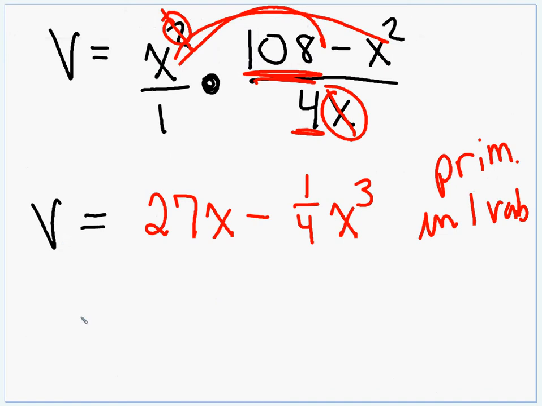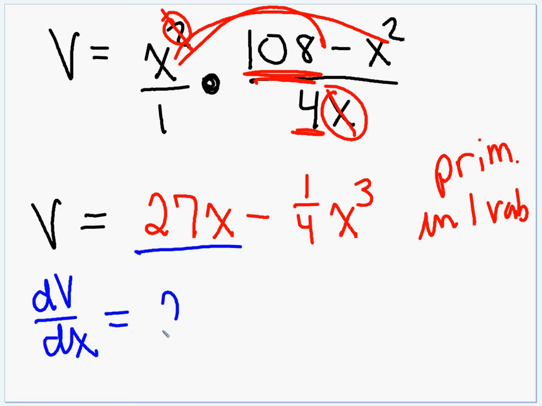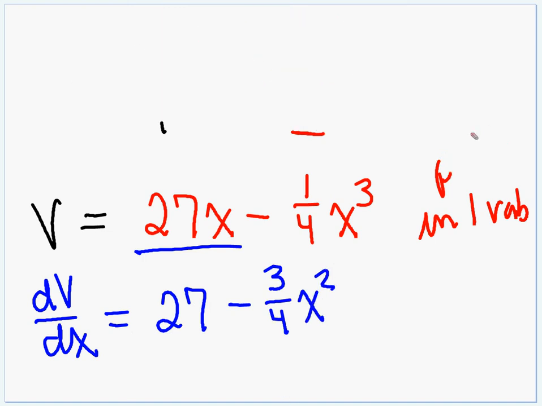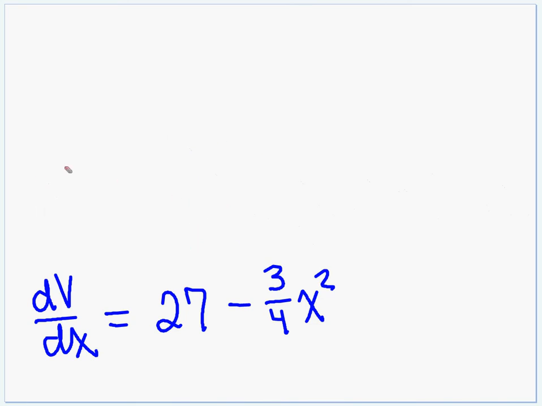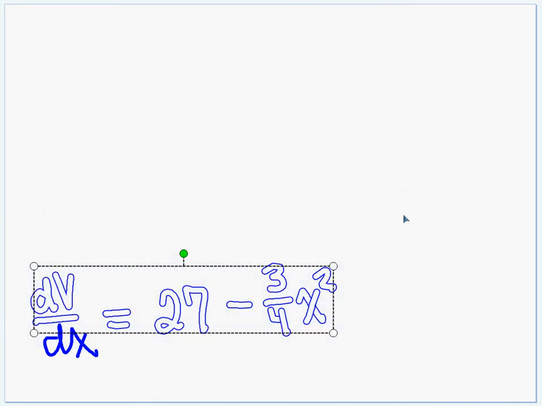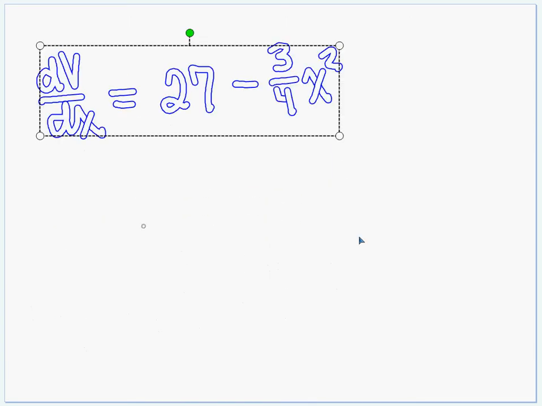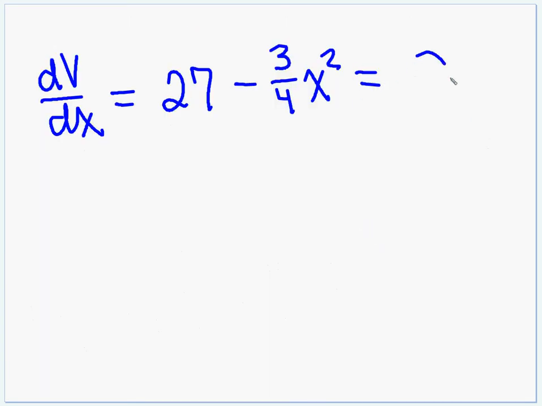Okay, here we are. Let's derive with respect to x. dV/dx equals derivative of 27x is 27. Derivative of 1/4 x cubed is 3/4 x squared. So we've got our derivative. And how do we find mins and maxes? Well, we set that derivative equal to 0 to find our critical numbers. So if we set this equal to 0, I'm going to add the negative 3/4 x squared, but I'm going to move it to the other side, and then that's going to equal 27.